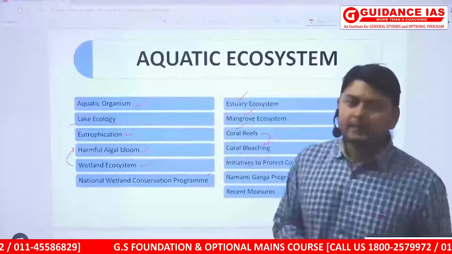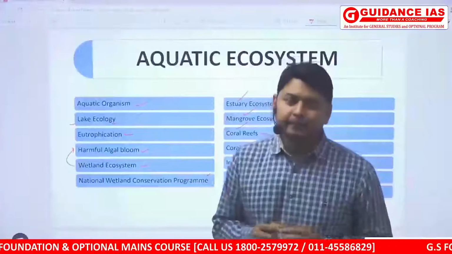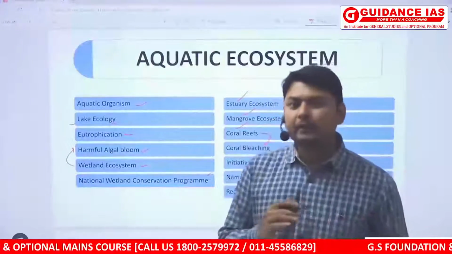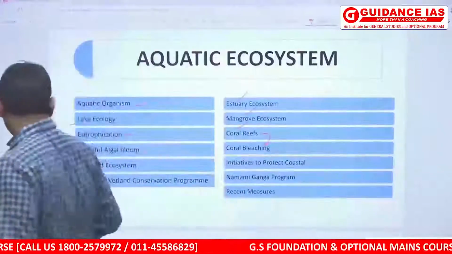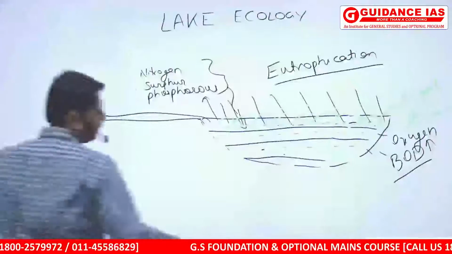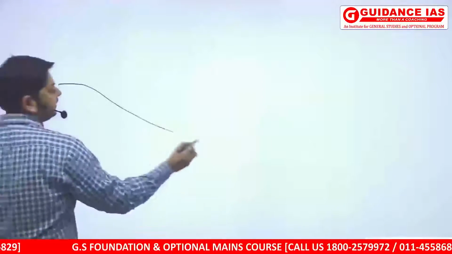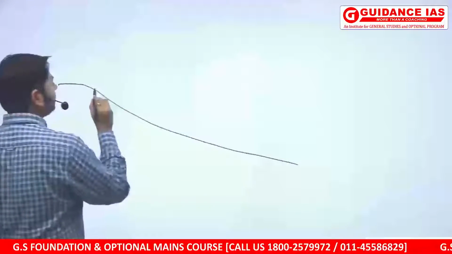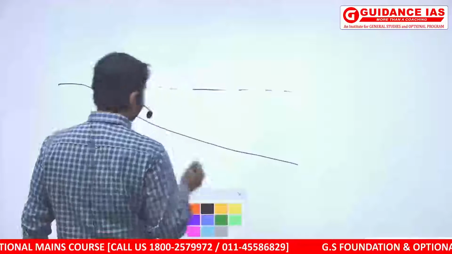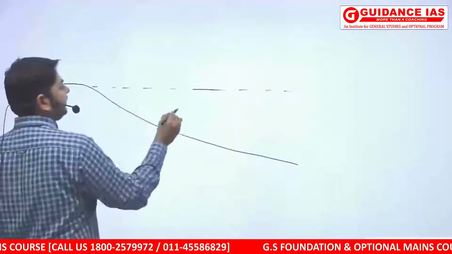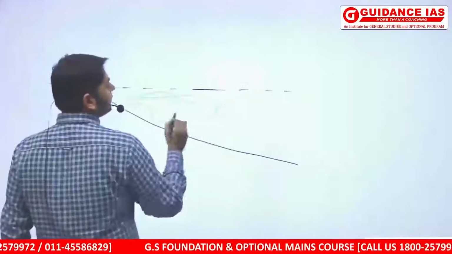Now what happens? The coral reefs live not too deep, but in the shallow water. So if I have this sea or ocean, the coral reefs are living in some part of the ocean.